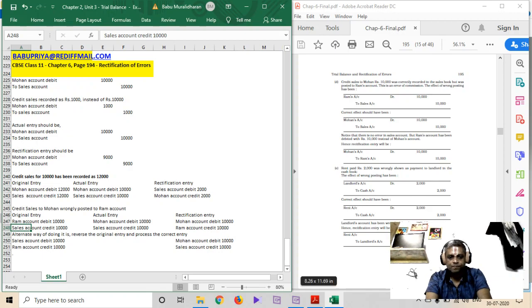Rent paid rupees 2,000 was wrongly shown as payment to landlord in cash book. Rent paid is an expense, right? Rent paid is an expense. So, I'm copying this.